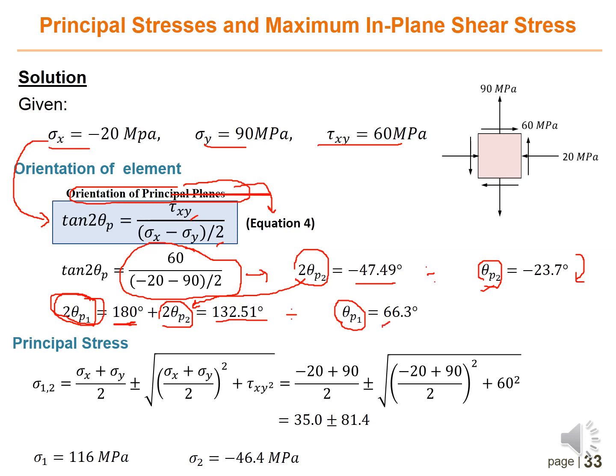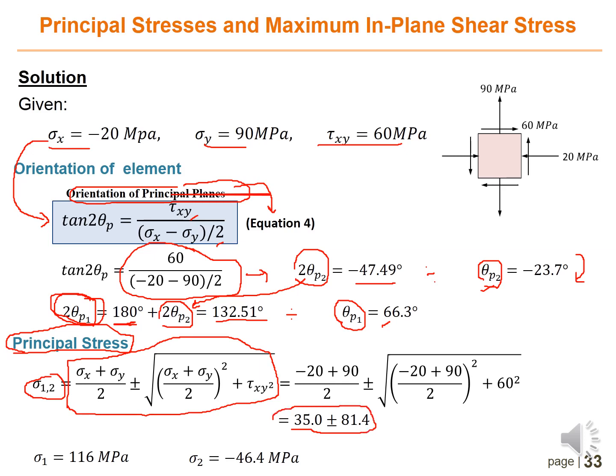Now we know the values of theta p1 and theta p2. Next is to calculate the principal stress, which is the maximum normal stress and the minimum normal stress. You can use equation number 5. Just substitute all the information given in the question, and you get 35 plus minus 81.4.